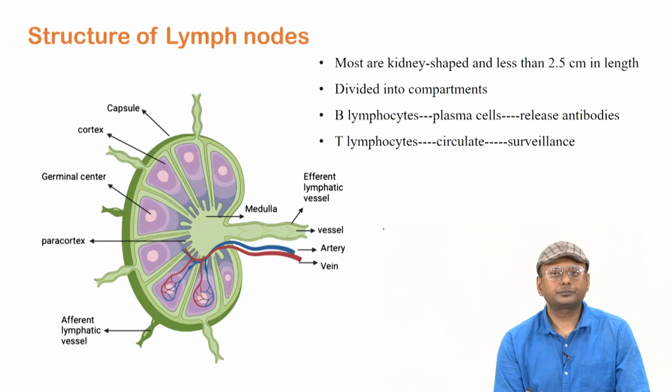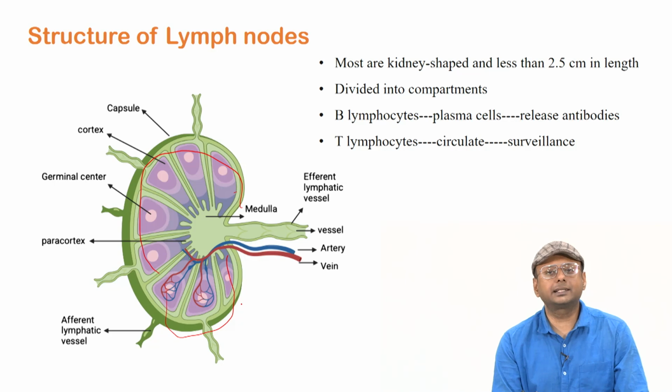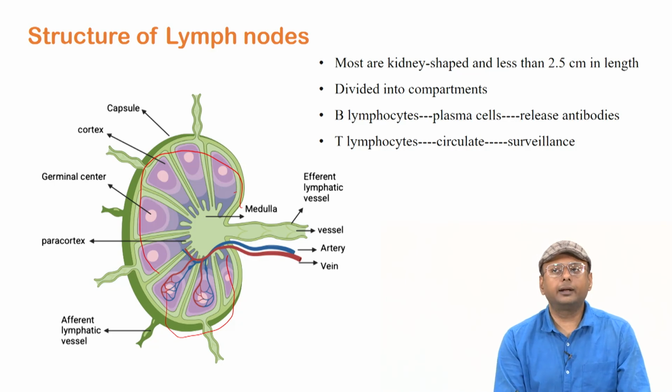Okay. Then this is the structure of a lymph node. As you can see, it is also a bean-shaped structure, right? And how it looks, it almost looks like a kidney. A kidney also has this type of shape, and the size of it is around 2.5 centimeters in length. This gets divided into several compartments, right?